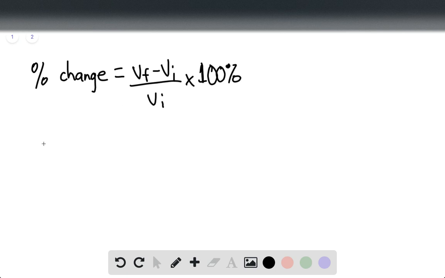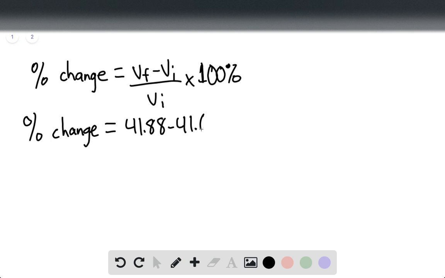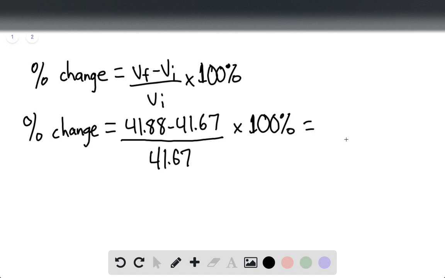So the percent change is equal to 41.88 minus 41.67 divided by 41.67, times 100%, and this is giving us a 0.5% change of the velocity after the baseball has traveled 18 meters. So this would be our final answer.